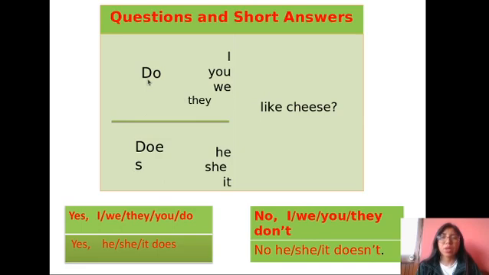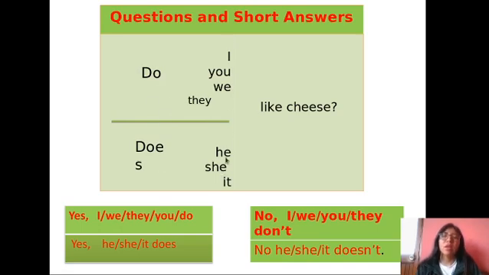For example, do you like cheese? Do they like cheese? Okay, with does. Does she like cheese? Or does he like cheese? Okay, so the only difference here is the auxiliary. Okay, according to the auxiliary, do or does, you have to use the subject.